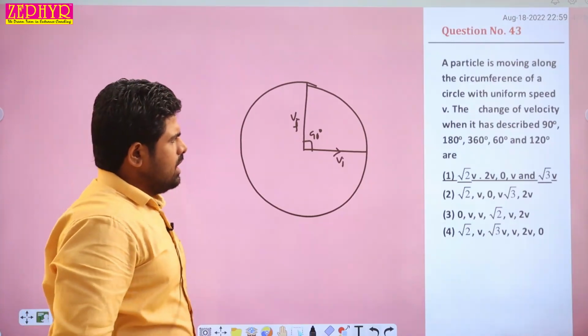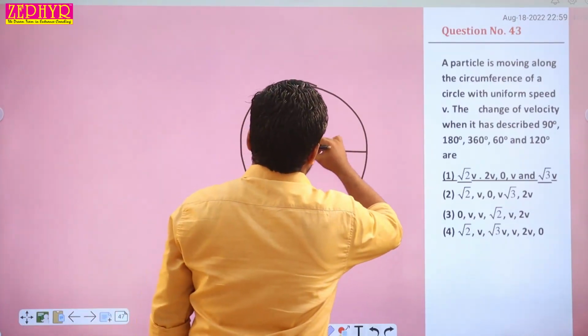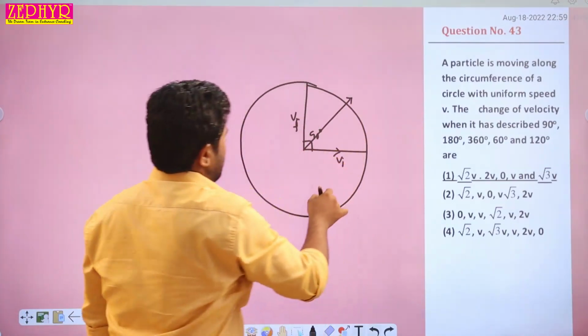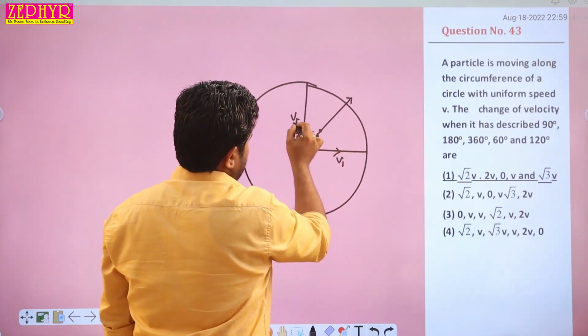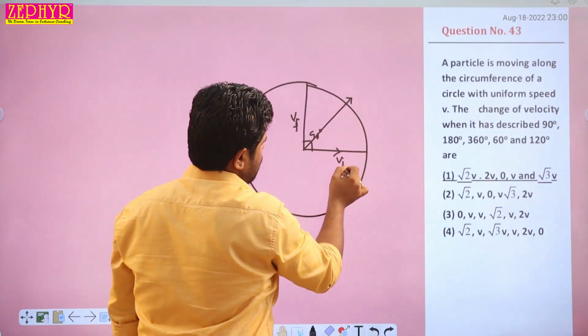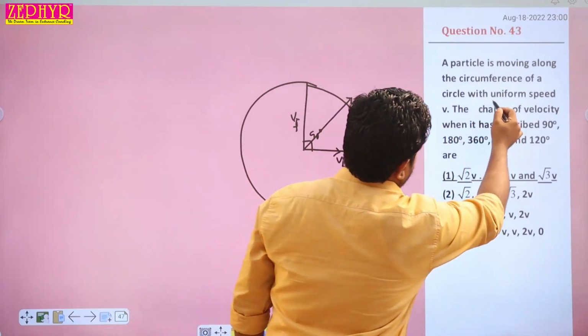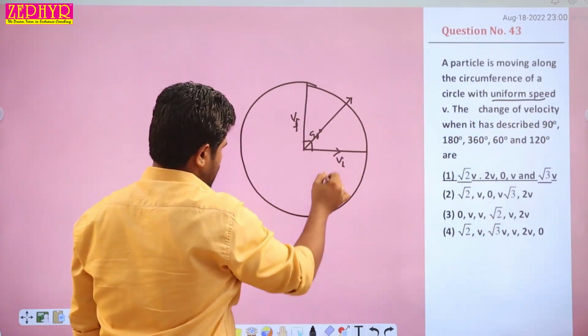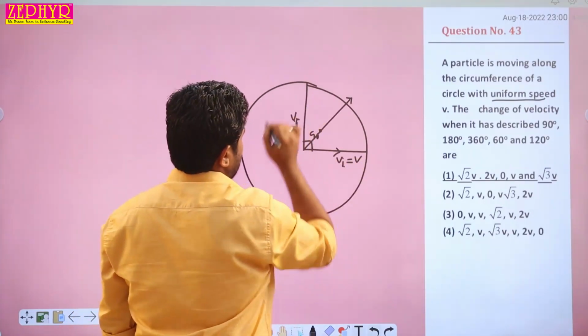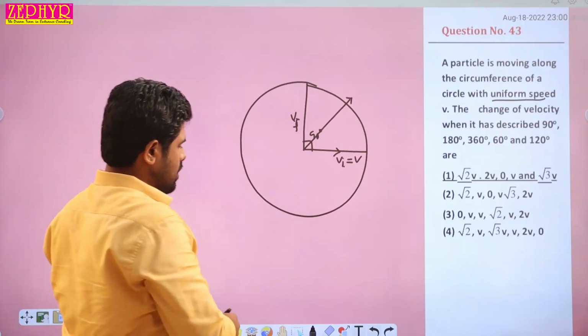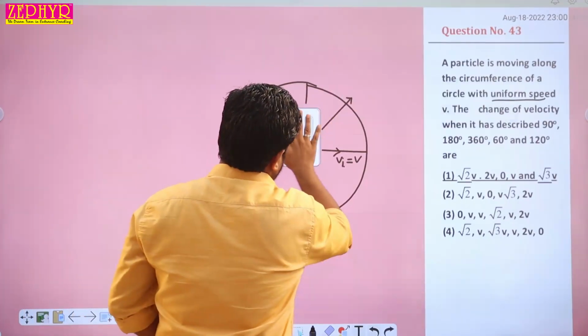Then the resultant is acting in this direction, and the value of this resultant: if this one is v and this one is v, actually these are uniform speed, that means v initial is equivalent to v and v final is also equivalent to v.